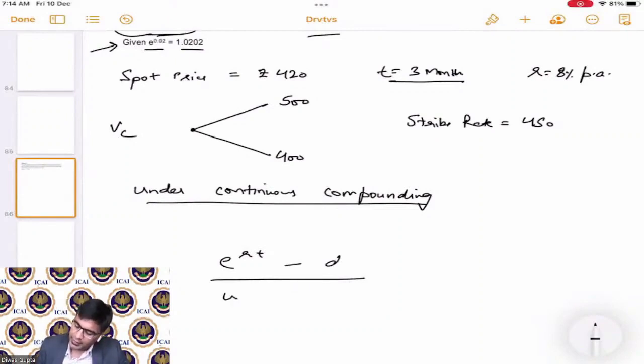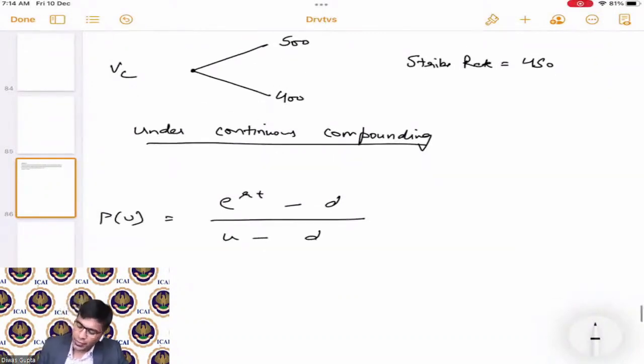e raised to the power RT minus D, divided by U minus D, is the probability of price going up. Correct? This is the probability that the price may go up.